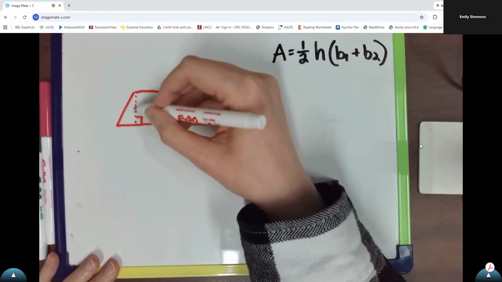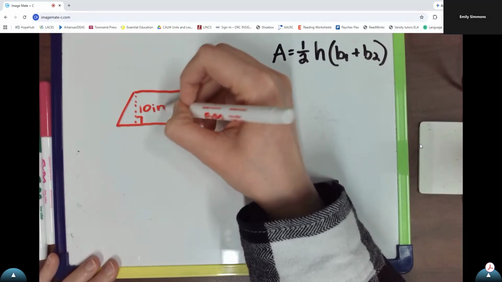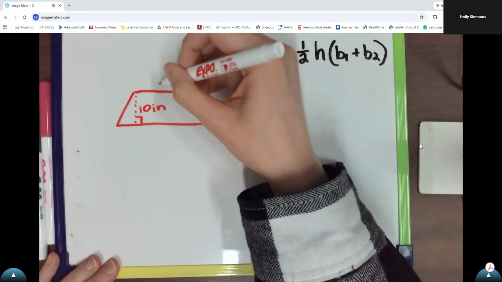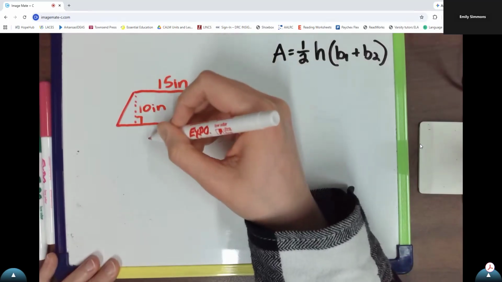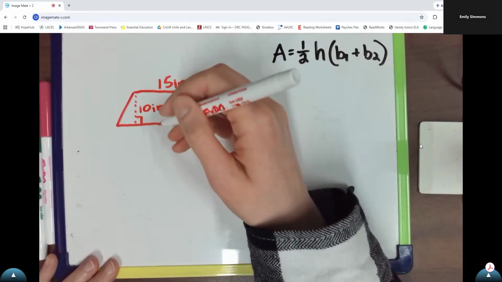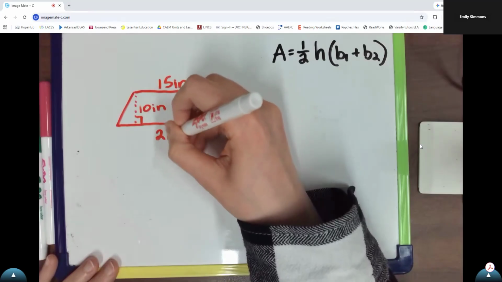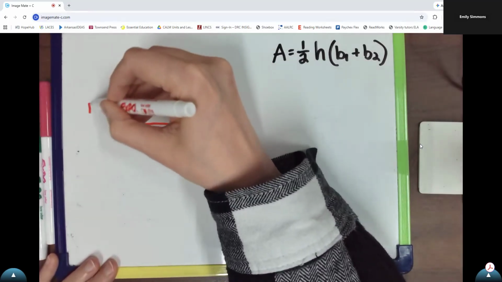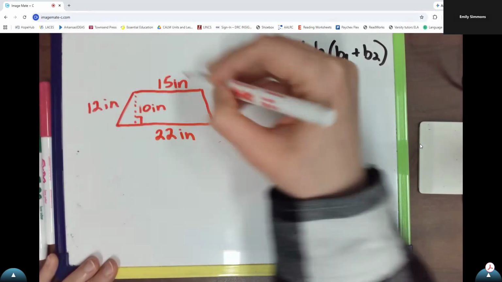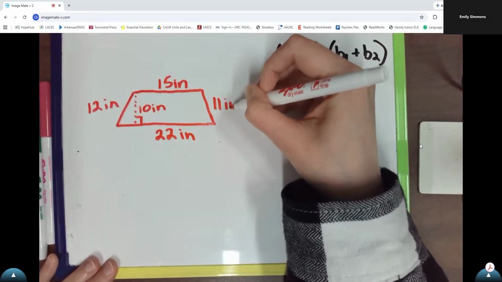So the height of this one is 10 inches. The top base of this one is 15 inches. The bottom base is 22 inches. Then they went ahead and gave us the sides, which are 12 inches and 11 inches.